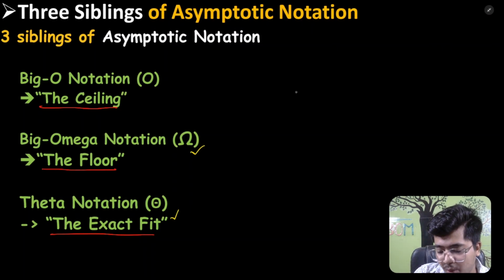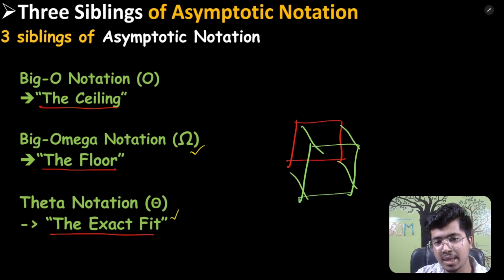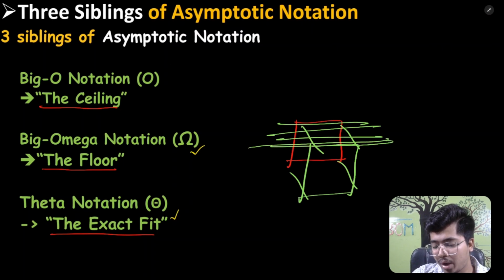Suppose this is a room. This is our room. If you ask what is the ceiling, the ceiling will be our roof. That means the upper bound of our room.